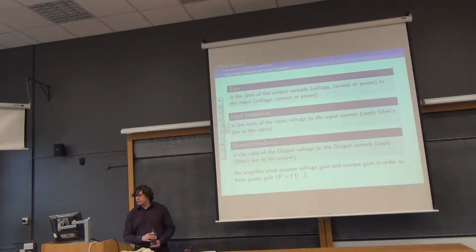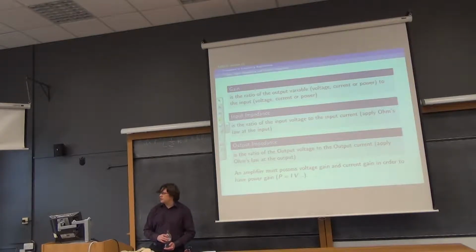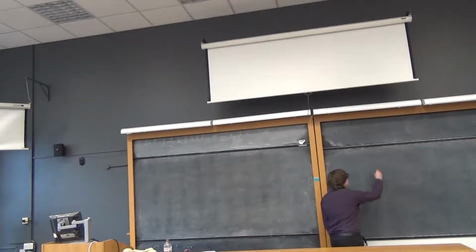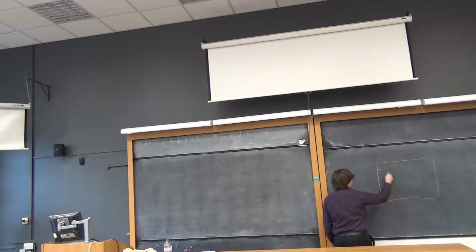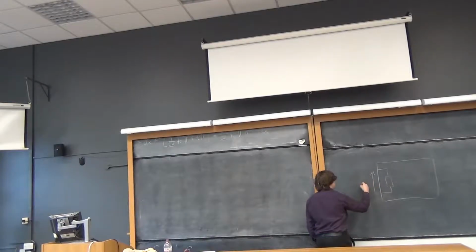A definition for the input impedance is the ratio of the input voltage to the input current. So I've got a black box here, which is my amplifier, and there is some internal resistance that I don't know about, and this is going to be my input.